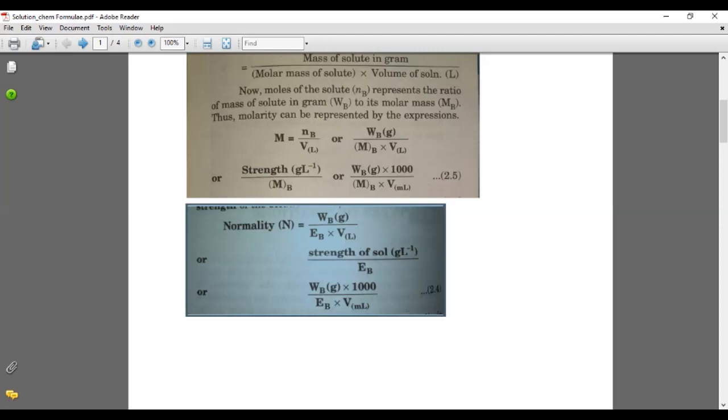So this is the way to find out the normality of the solution. The formula is given. On the basis of that formula, you can solve the numericals given in NCERT.